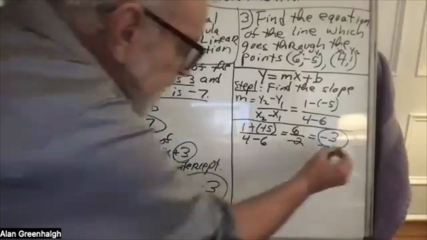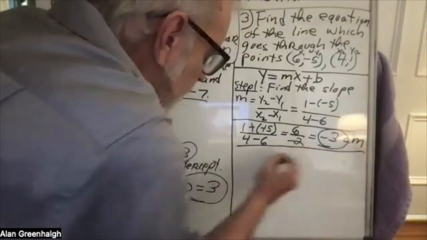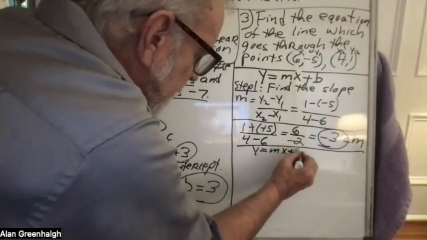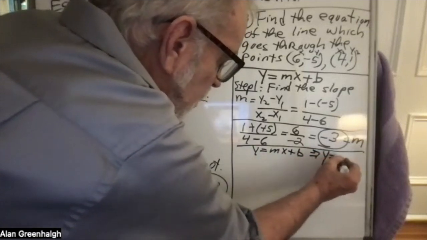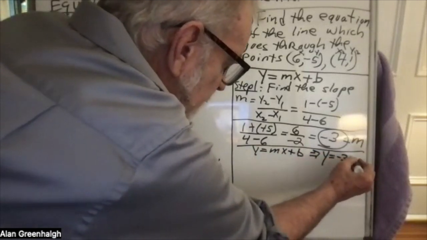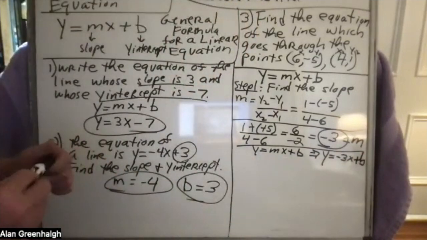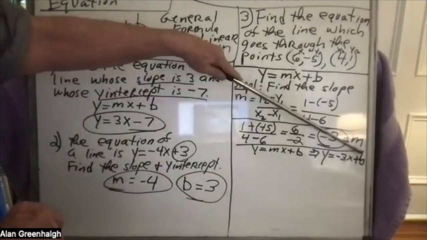In other words, knowing that this is equal to m, if we now go to the equation y equals mx plus b, we could say that y will equal -3x plus b. And what we need to do now is figure out the value of b.